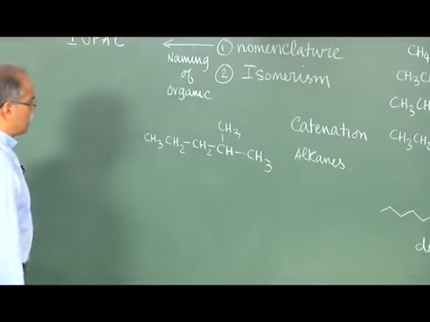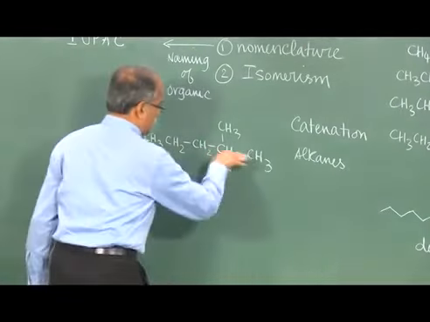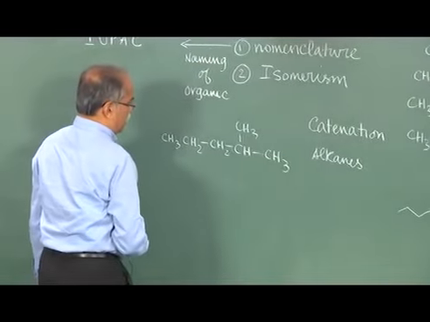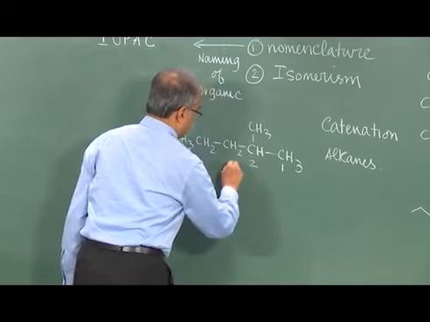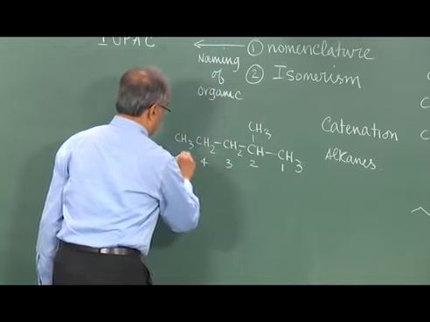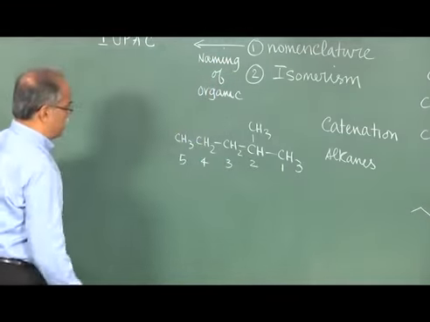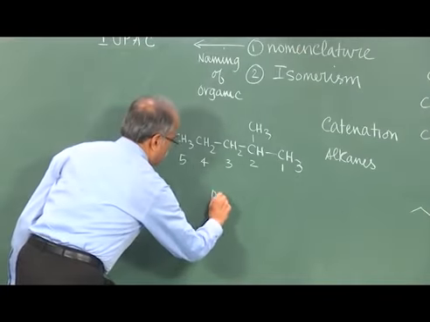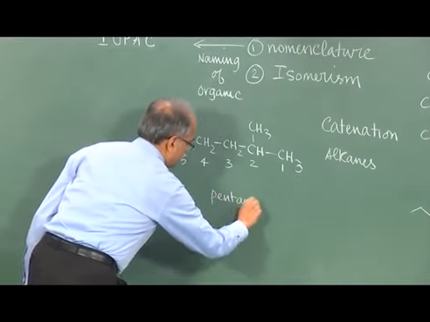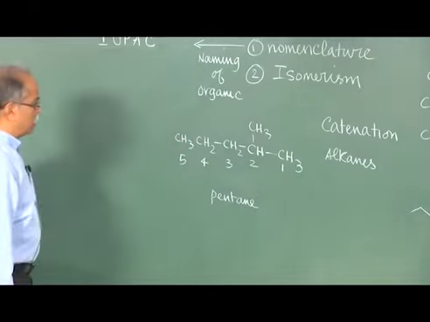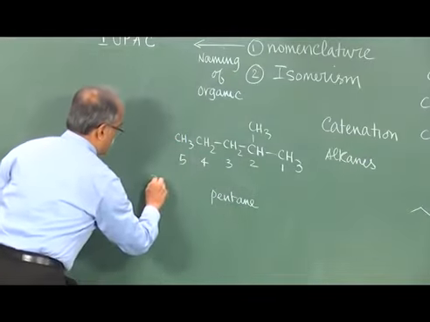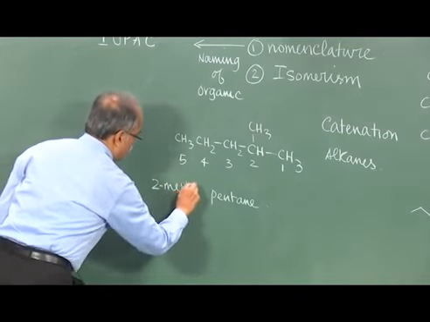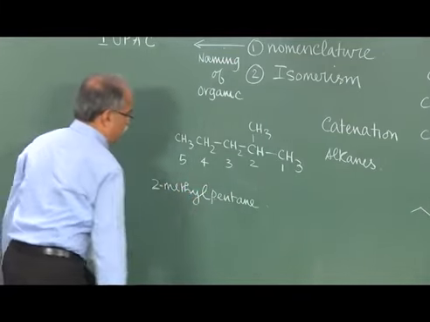In a branched system like this, the longest carbon chain is taken, and the numbering is given from the end closest to the branching. So, the parent hydrocarbon is pentane, and in the 2 position there is a substituent which is the methyl group. So, this is 2-methyl pentane.